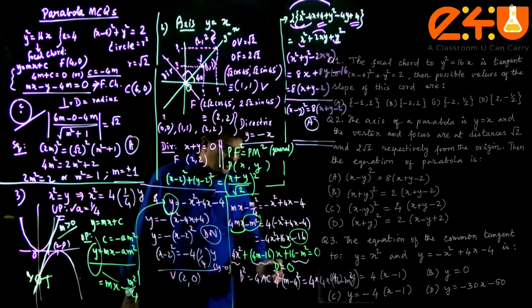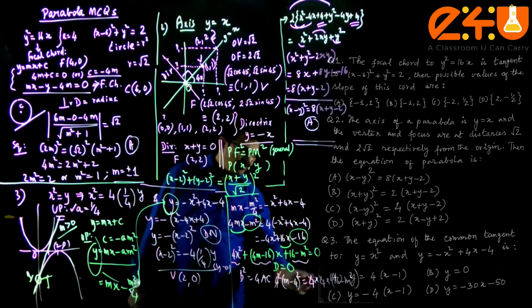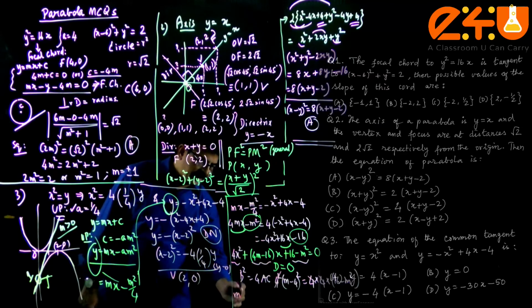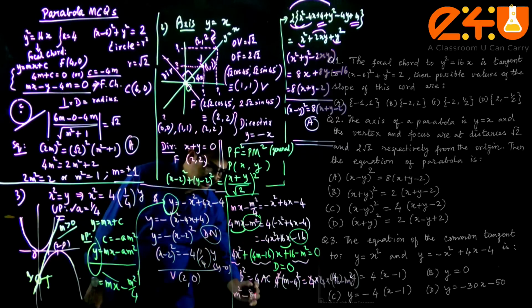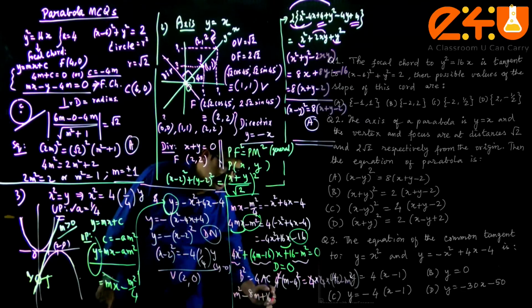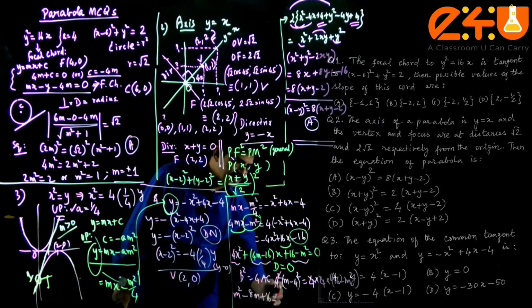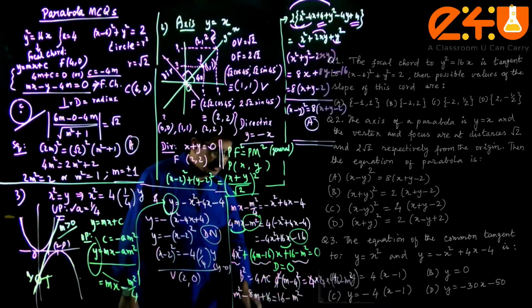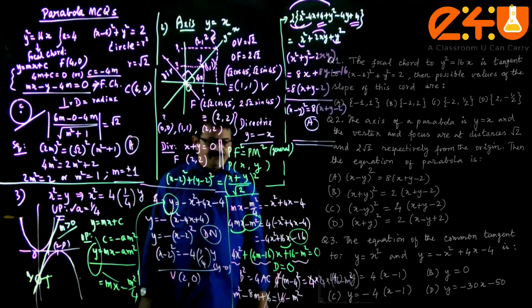So I can cancel off 4 square with 4 and 4. I get m squared minus 8m plus 16 on the left, RHS is 16 minus m square. I am able to cancel the 16s also.